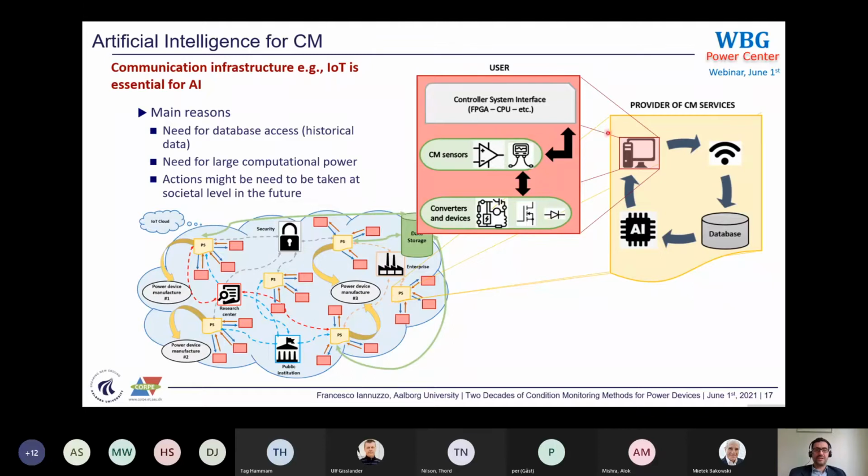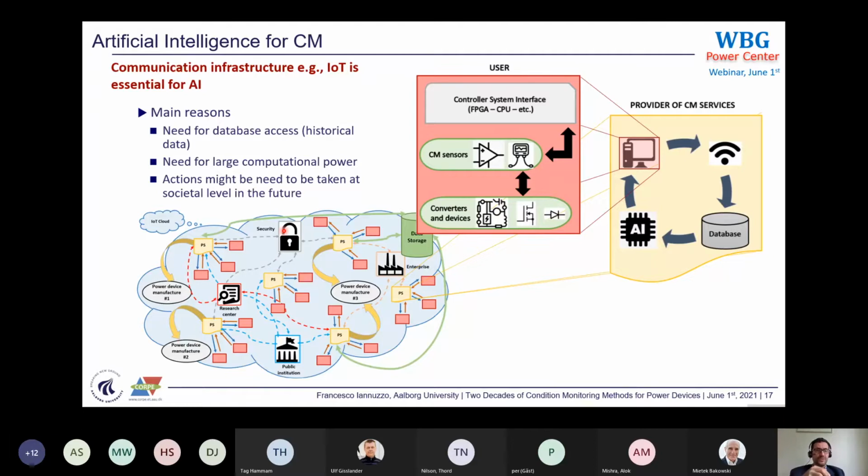So you are here, the yellow, the provider of service is here, but this one is supposed also to be interacting with other big entities, like, for example, the enterprises, like research centers to provide data, online and offline data, but also with security agencies, because when you put everything over the internet, you have seen this big accident in the US about the, I think it's a water pipeline in the southeastern part of the country, where they had a hacking attack and they had to stop the plant because of this.